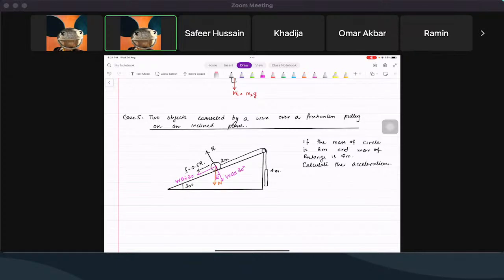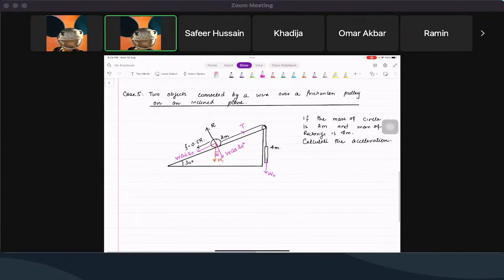Now interestingly, here, if this is W1, this is like another W2, which is basically pulling it, causing a tension in this wire, which is pulling the whole system downwards or the circle upwards, right? So, two things you guys need to remember.